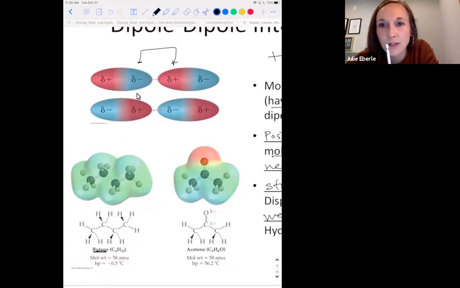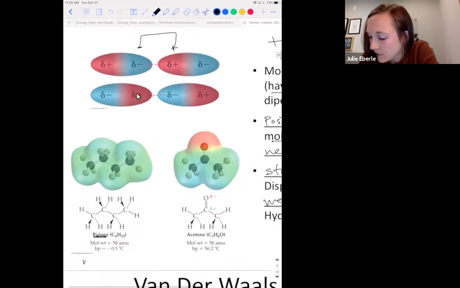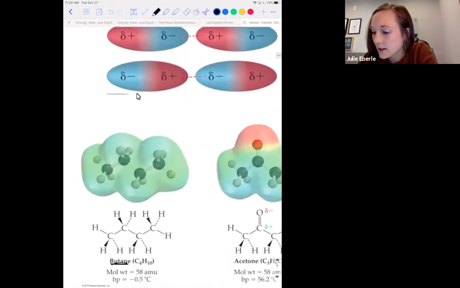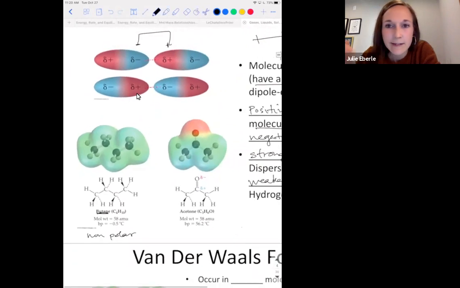The chat, people are saying non-polar. Non-polar. Good. It is non-polar. And in fact, if you look at the sphere model here, the carbon-hydrogen bonds are never polar. Carbon-carbon bonds are never polar. So this is nonpolar. On the flip side, we have acetone. Anybody ever dealt with fingernail polish remover, which is basically acetone?